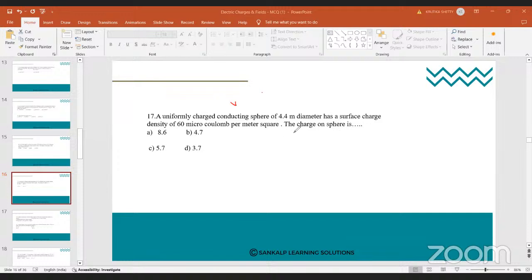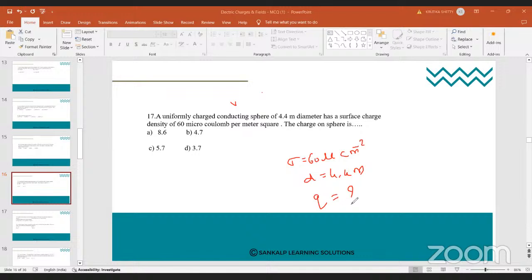So if you see, the sigma value is 60 microcoulomb per meter square. And its diameter is given. Diameter is 4.4 meter. They are asking you to calculate the charge.